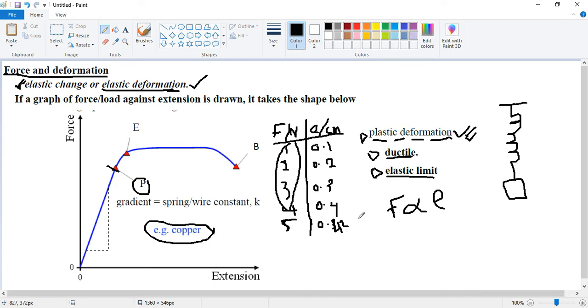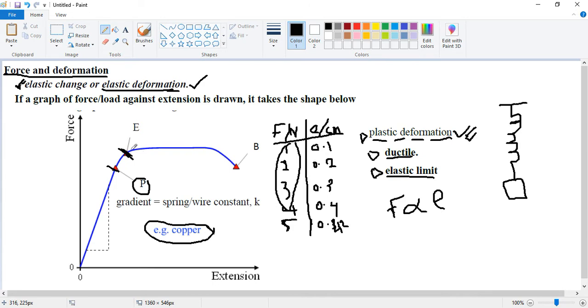This continues until a certain load, beyond which the material cannot even go back to its original shape. So beyond this point, which we call the elastic limit, this elastic limit refers to the maximum force that can be applied to a material such that it returns to its original length when the force is removed. That's what we call the elastic limit.